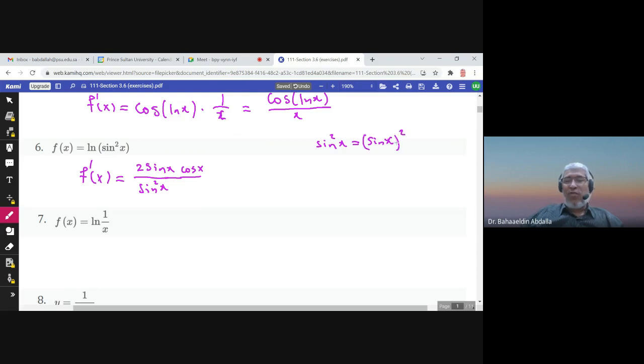So when you find the derivative, you use the chain rule, power rule: 2 times sine x to the power 1 times the derivative of sine, which is cosine. Now I can cancel sine with one of the sines below, and the answer would be 2 cosine x over sine x. I can leave it like this, or we know that cosine over sine is just cotan x.